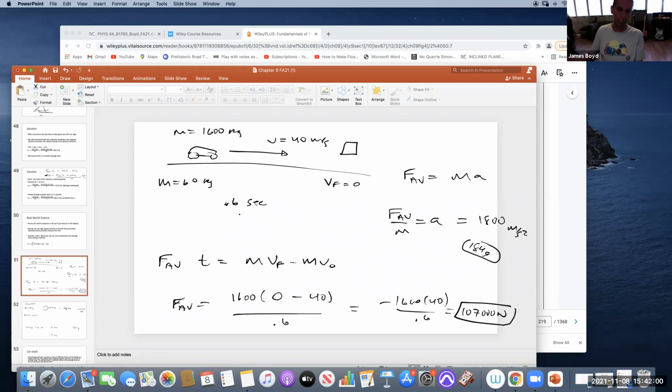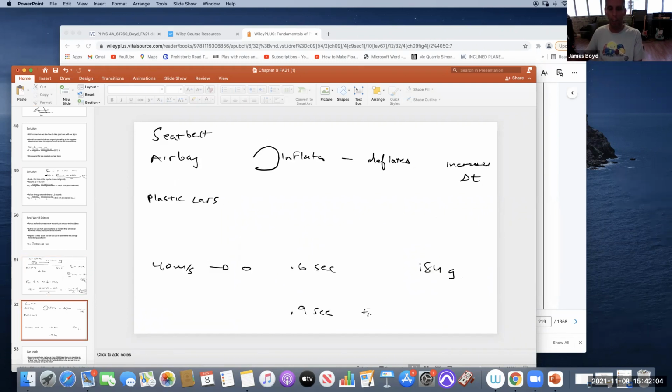Well, if we increase it to 0.9, we get F average is equal to 1600 times minus 40 over 0.9. 1600 times 40 divided by 0.9, and now I'm at 71,000 newtons.